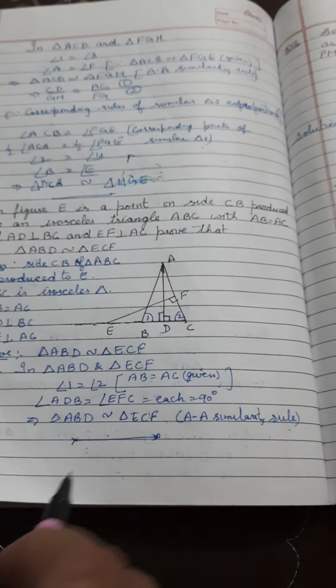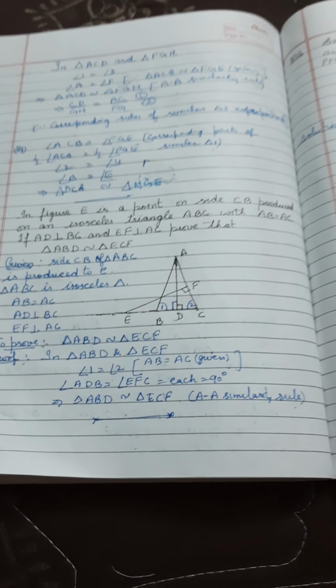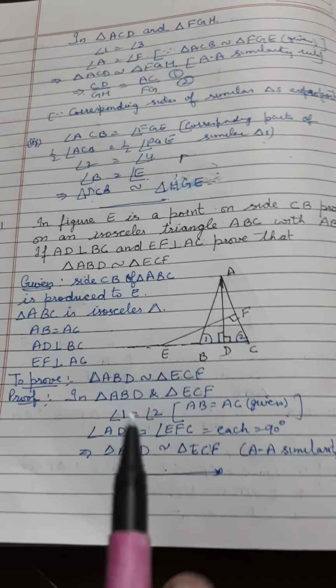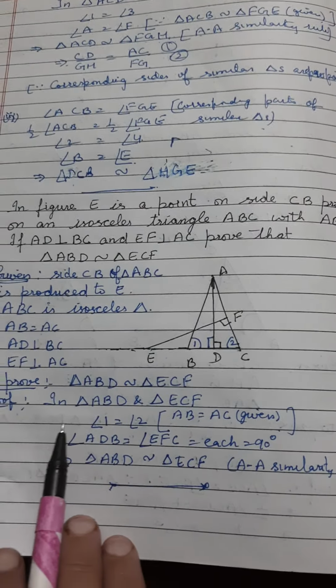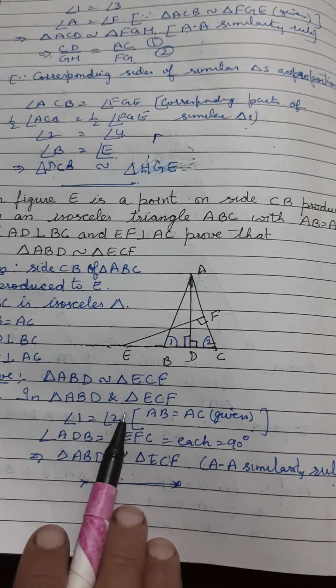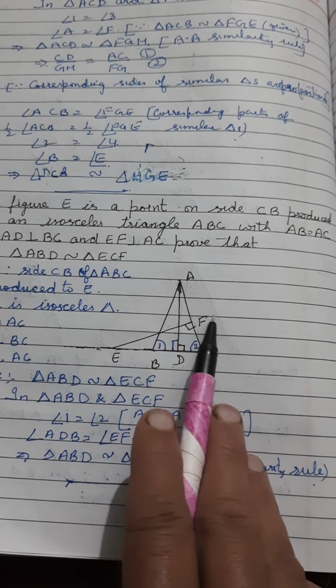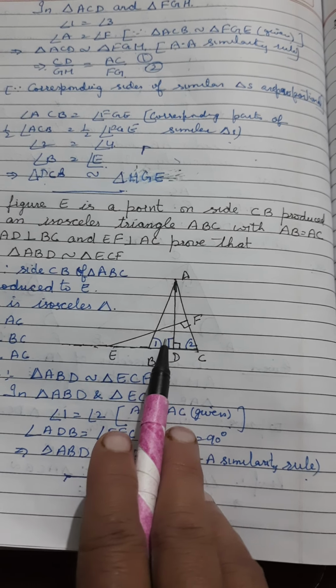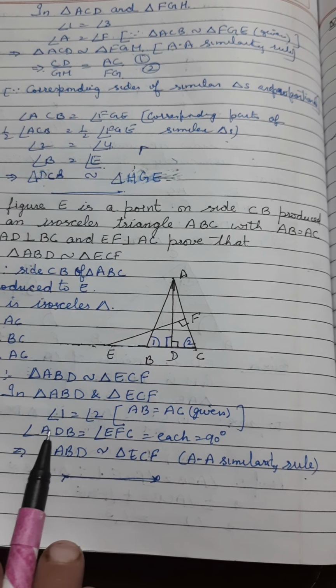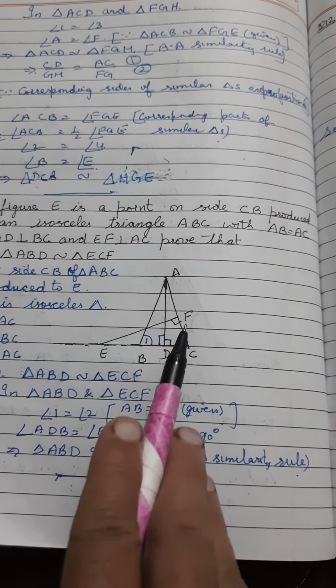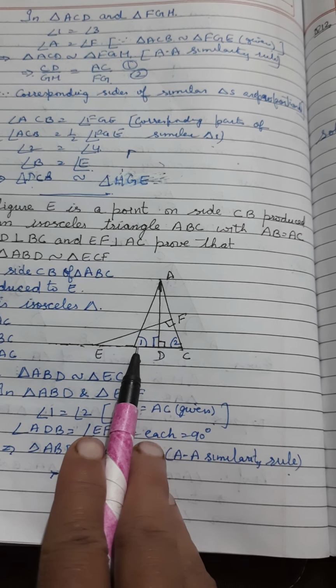Now see, you can see the given and to prove from the question. Then we come to the proof. In triangle ABD and triangle ECF, one angle is 90 degrees and angle 1 is equal to angle 2.